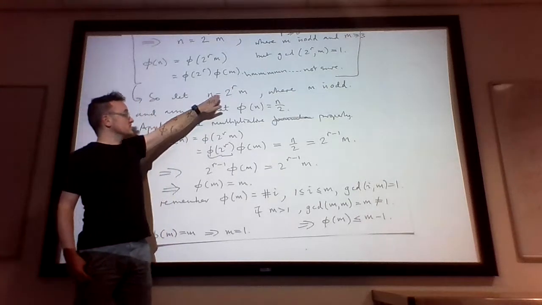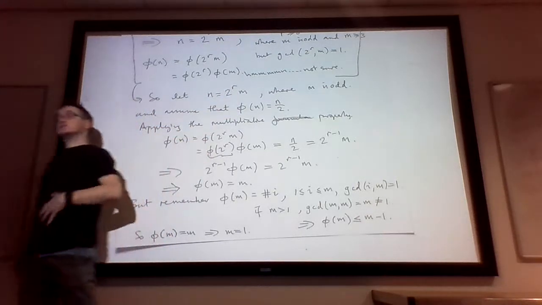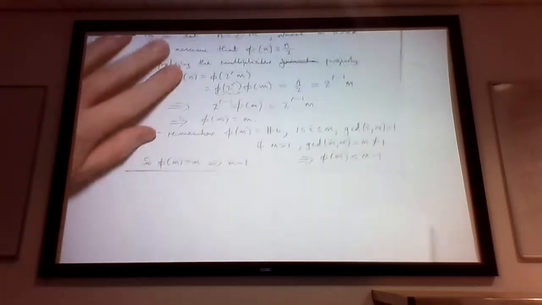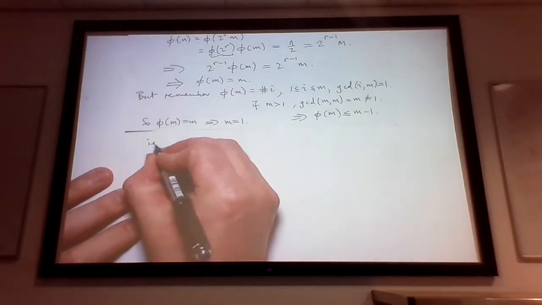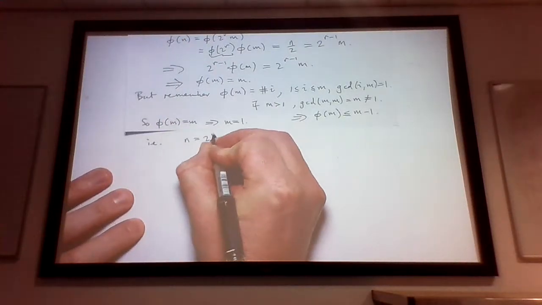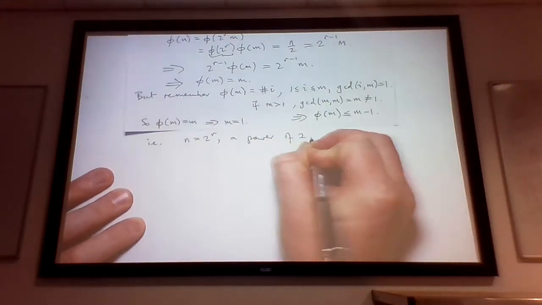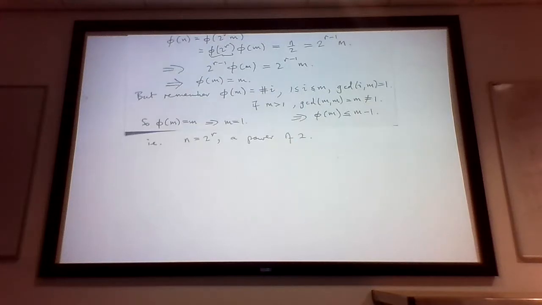So the prime factorization of n is just a bunch of 2's, i.e., n equals 2 to the r, a power of 2. So that proves the second half of the implication, that phi of n is n over 2 implies that n is a power of 2.